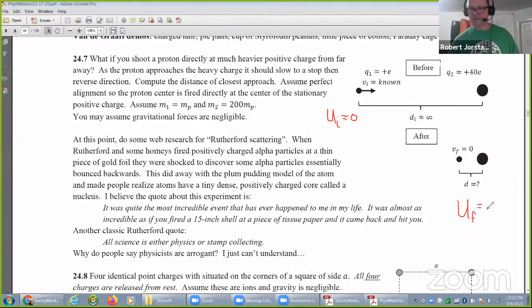It'd be k Q1 Q2 over the distance, right? Now, in this case, the kinetic energy initial is essentially 1/2 mv squared. The kinetic energy final is 0 because it's at rest.